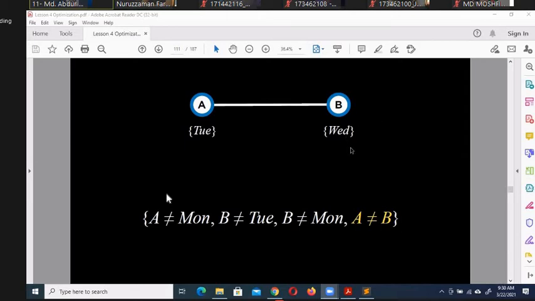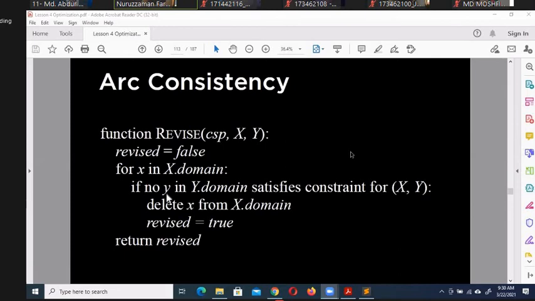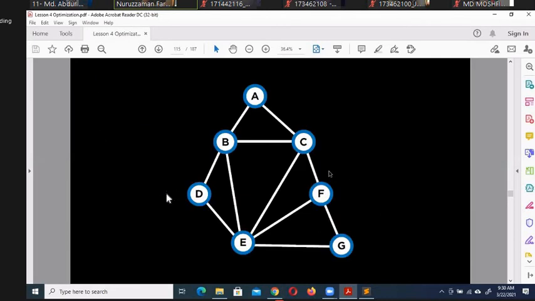Okay, very good. Now, as the consistency is clear, we can jump into the arc consistency algorithm. It is a little complicated to understand from here, but it is very easy to understand from the animated graph.